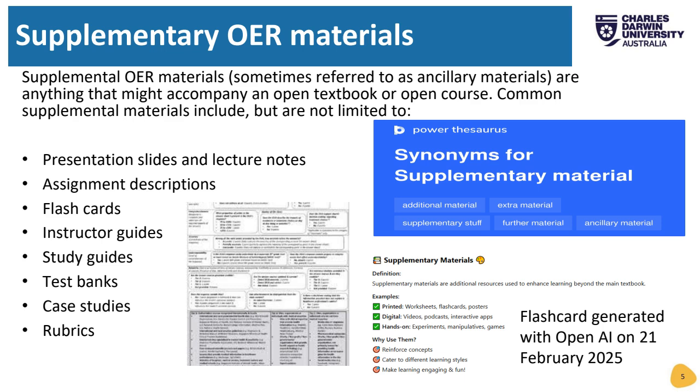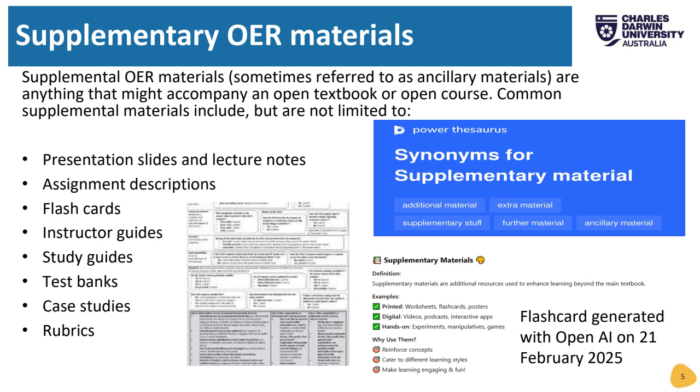So what are supplementary OER materials? Supplemental OER materials, sometimes referred to as ancillary materials, are anything that might accompany an open textbook or open course. Common supplemental materials include, but are not limited to, presentation slides and lecture notes, assignment descriptions, flashcards, instructor guides, study guides, test banks, case studies, and rubrics.